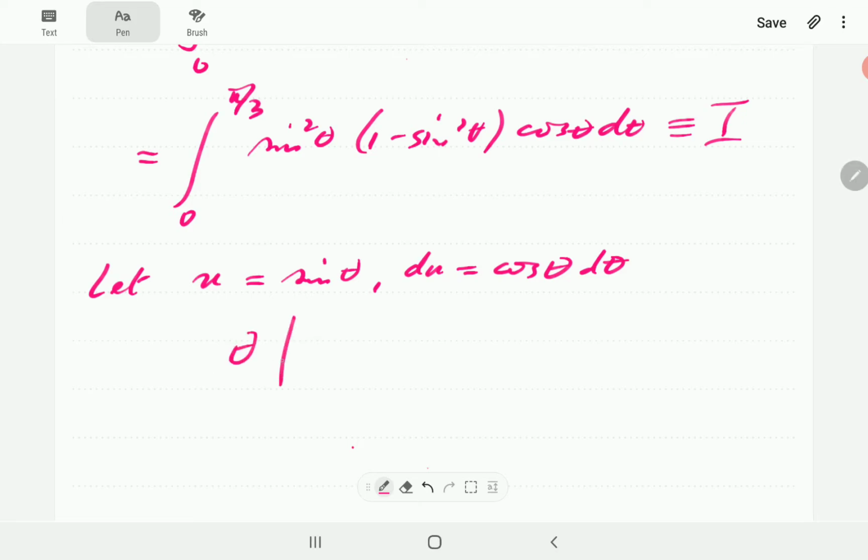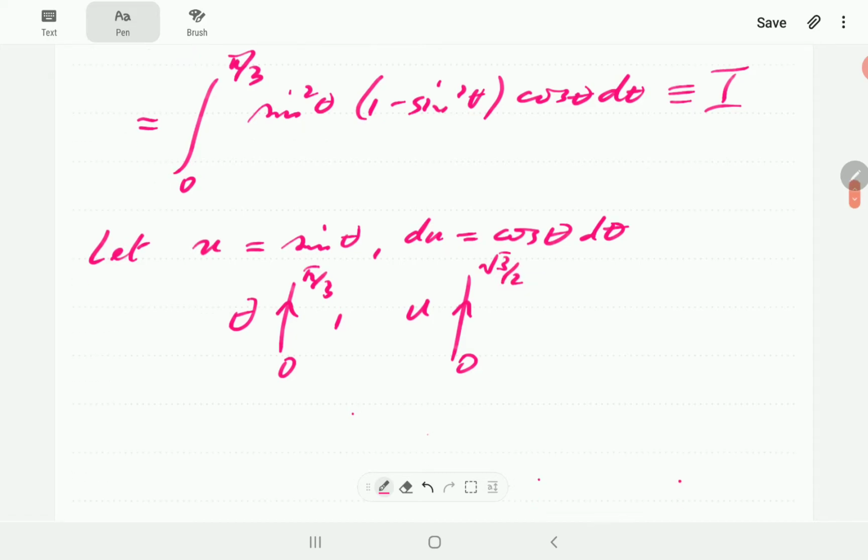Then we have to deal with the limits now. So we are going to have the theta limits here, and then we're going to have the limits of u here. So when theta is equal to 0, u is sine 0, so sine 0 is 0. And then when theta is equal to pi on 3, sine pi on 3 is root 3 over 2.